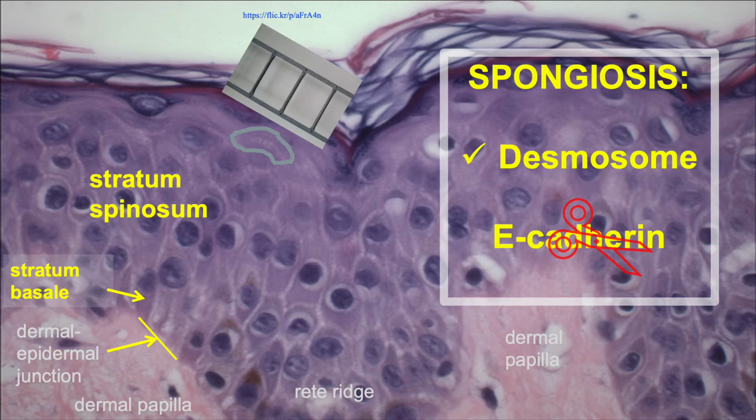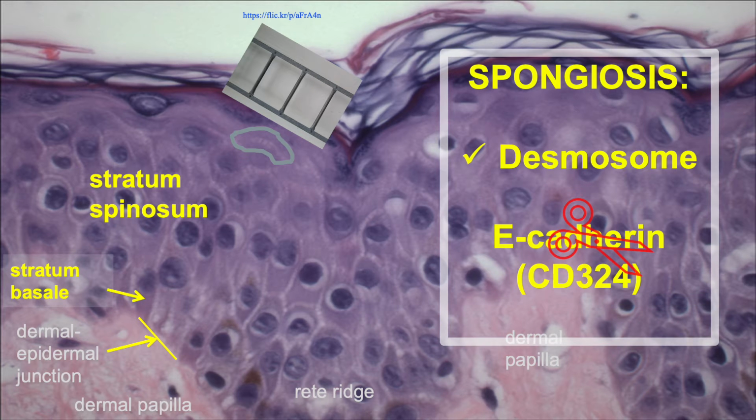And only in the most severe examples of spongiosis do we get secondary destruction of the desmosomes, resulting in spongiotic vesicles. And for any cluster of differentiation geeks out there, E-cadherin is CD324.